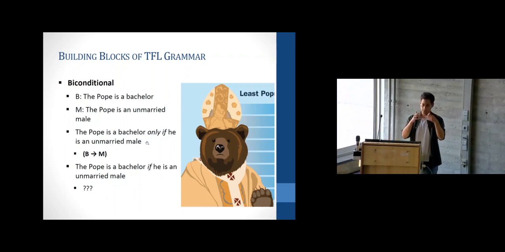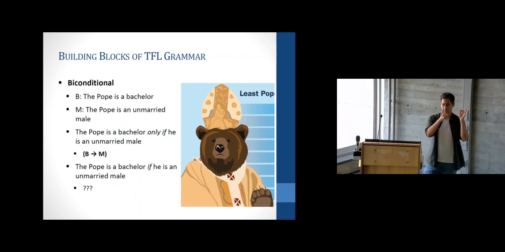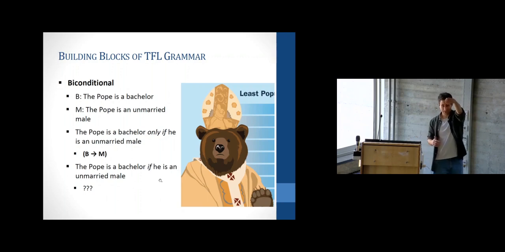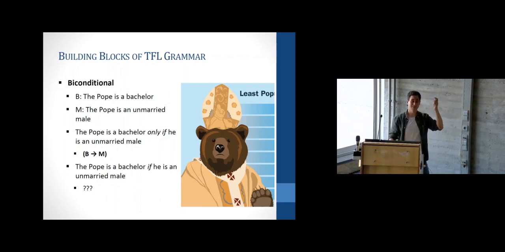And it's expressed with this expression, if and only if, capturing the idea that you have two conditional statements together with a conjunction. Okay, so we'll see that here as well. So now I take the sentence, the Pope is a bachelor if he's an unmarried male. And as you said, whatever comes after the if will be the antecedent. So now the M will take the antecedent part, and you have this.